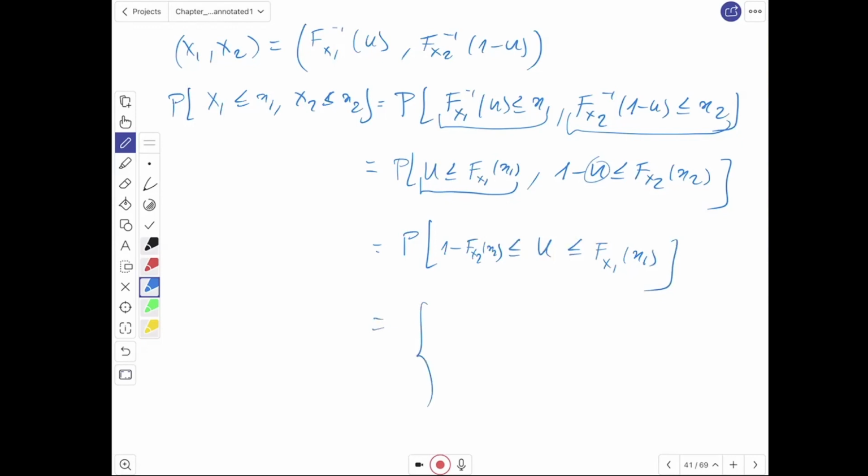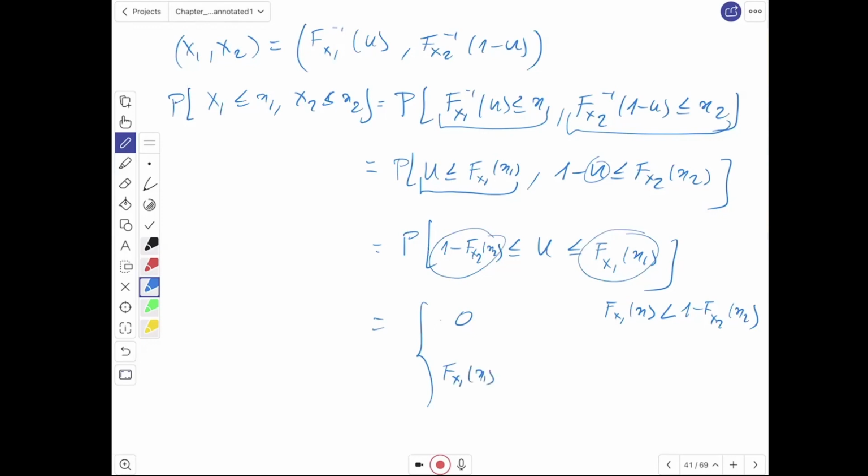First of all, if F_X1(x1) is strictly smaller than 1 minus F_X2(x2), then your upper bound of that interval is smaller than your lower bound, then you have probability 0, of course. In the other situation, you have that this is in [0,1], this is in [0,1]. Then the probability is the length of your interval, right?